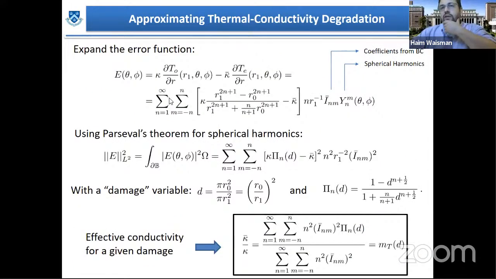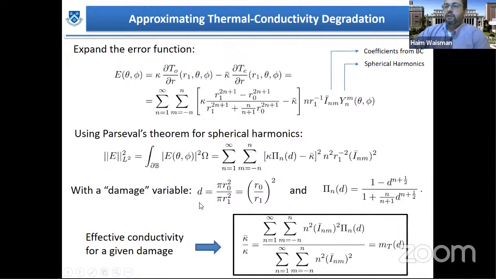All right, so going over these steps, first we define the error function. This error function is going to have the spherical harmonics and some coefficients. Then we will use Parseval's theorem for spherical harmonics to define the error that we have. In addition, there is another step where we define damage here as the ratio of the voided area versus the sphere itself.